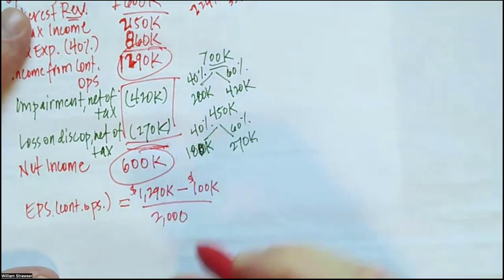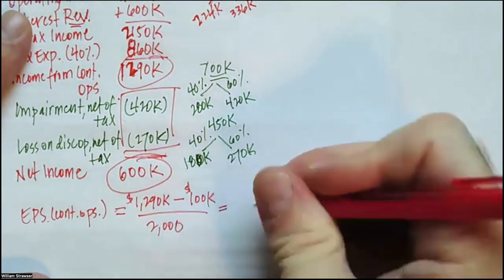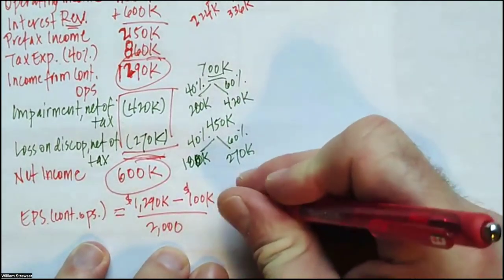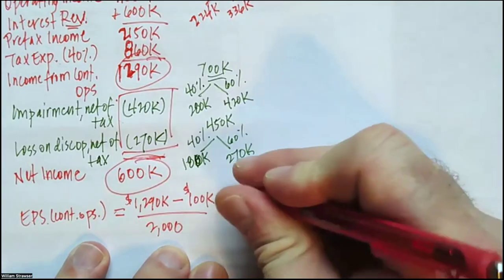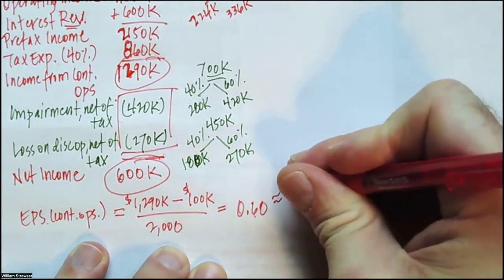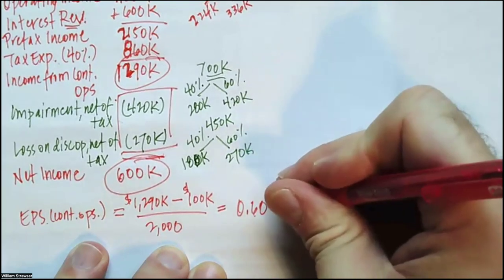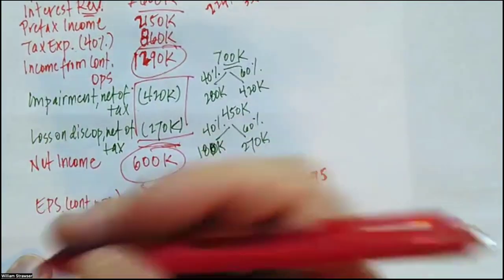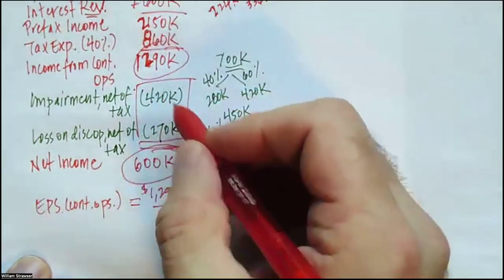We've got dollars on the top, shares on the bottom, and this will come to 1,190,000 divided by 2 million, which, if we round, is 60 cents per share, which I rounded from 59.5 cents per share. All right. Then we have the effect of discontinued operations.